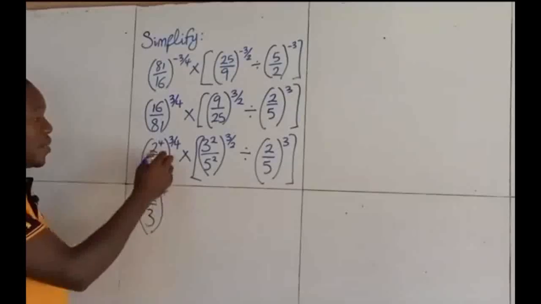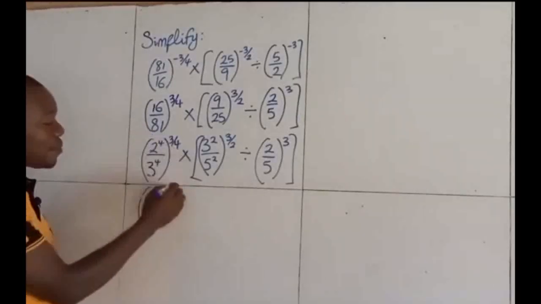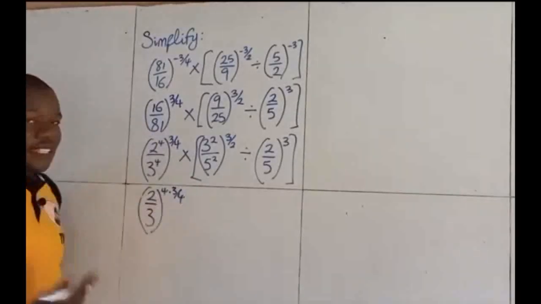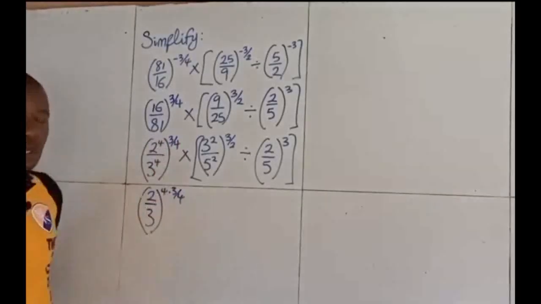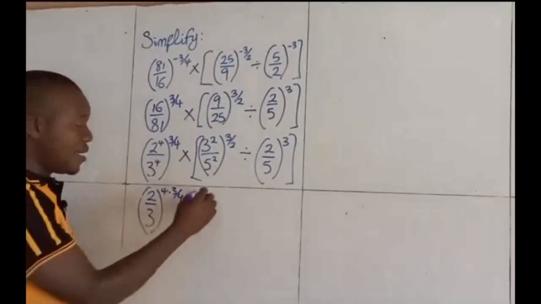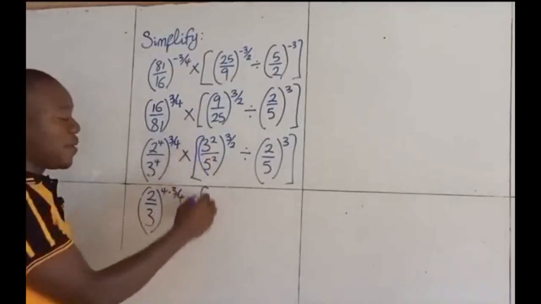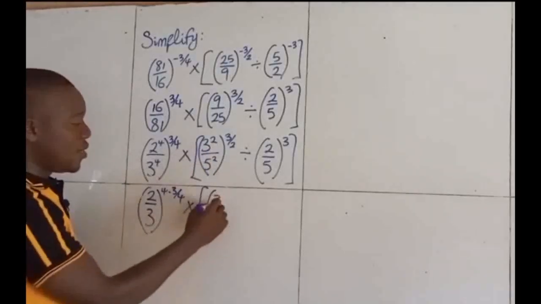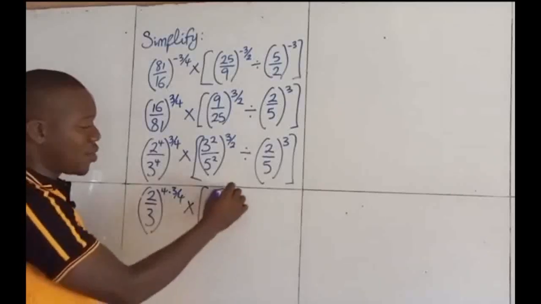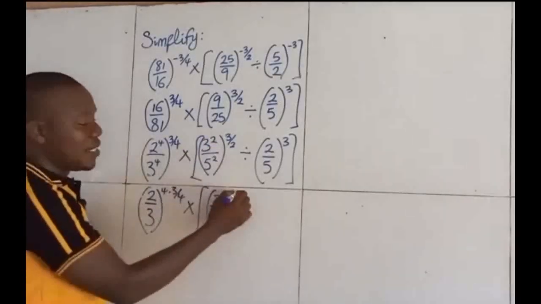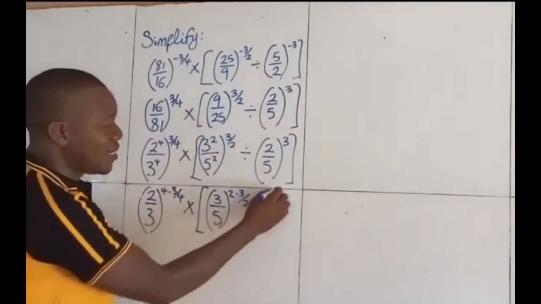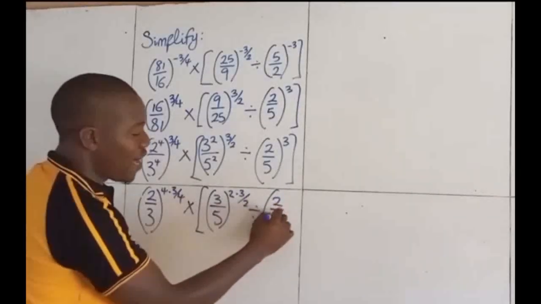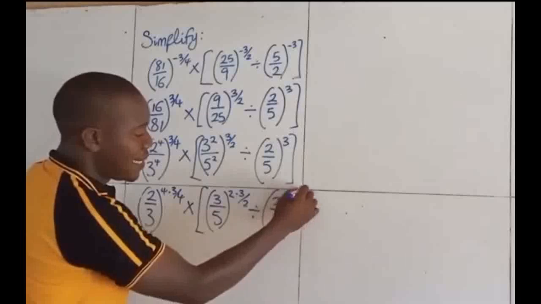And then we still have times 3 over 4. In the laws of indices, when you have a power, another power, you can multiply the two powers together. Times, we have a common power here, so we can bring it out, 3 over 5 all raised to the power 2. And we can multiply with the next power 3 over 2. Then divided by 2 over 5 raised to the power 3.